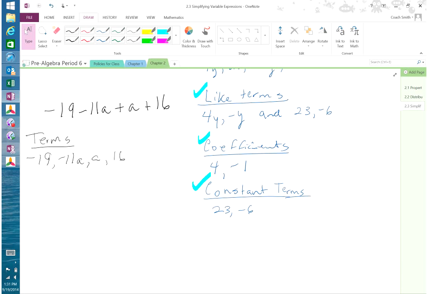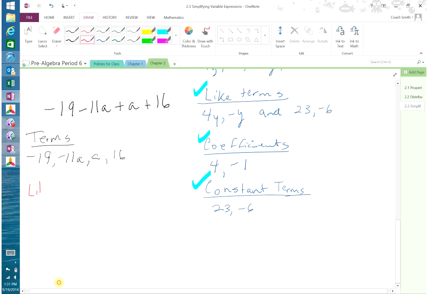The next one are the like terms. What are the like terms in this problem? Madison.